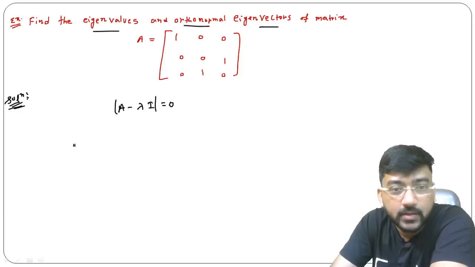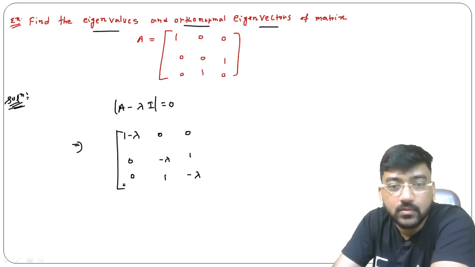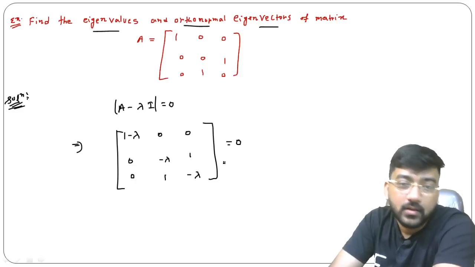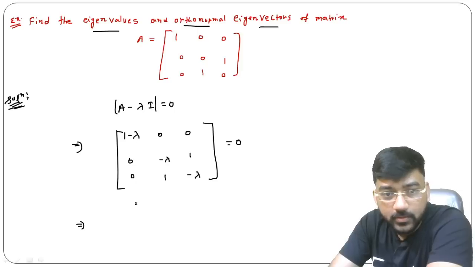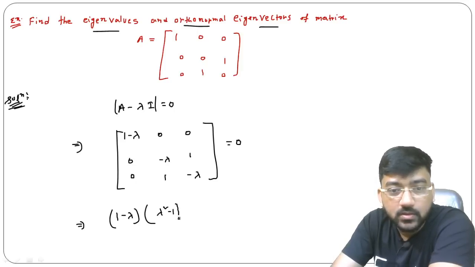So again what you will get from here is the matrix 1 minus lambda, 0, 0; 0, minus lambda, 1; 0, 1 and minus lambda. Okay, so this will be equal to 0. Now if we solve it, you will get 1 minus lambda into lambda square minus 1 equal to 0.